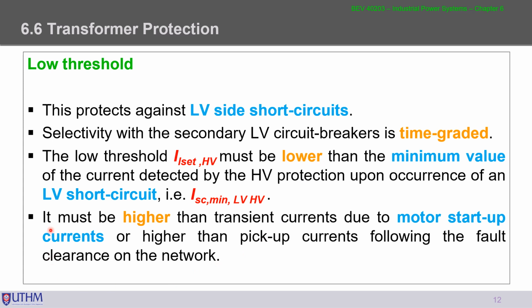Then it must be higher than the transient current due to motor startup currents, or higher than pickup currents following the fault clearance on the network. So the setting for the LV side threshold must be lower than the minimum value of the current detected and also higher than the transient current due to motor startup.